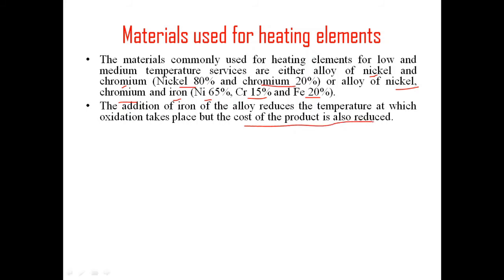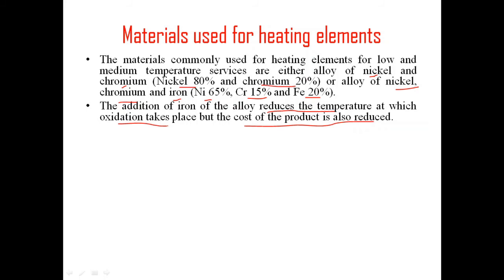Look at the combination, the percentages are different here. Nickel was 80 there, and here it is 65. So the quantity of nickel has reduced, so the cost is going to be reduced. But the problem with adding iron is it reduces the temperature at which oxidation takes place. Oxidation starts at a lower temperature, so that is the drawback.